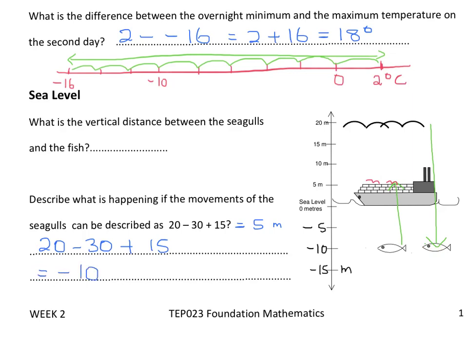So negative 10 plus that 15. Notice that this line is exactly equal to this line of working, and so our next little bit of working is negative 10 plus 15, so that's the seagulls moving from the position of the fish back up 15 metres to the top of the boat, and they finish up at 5 metres.